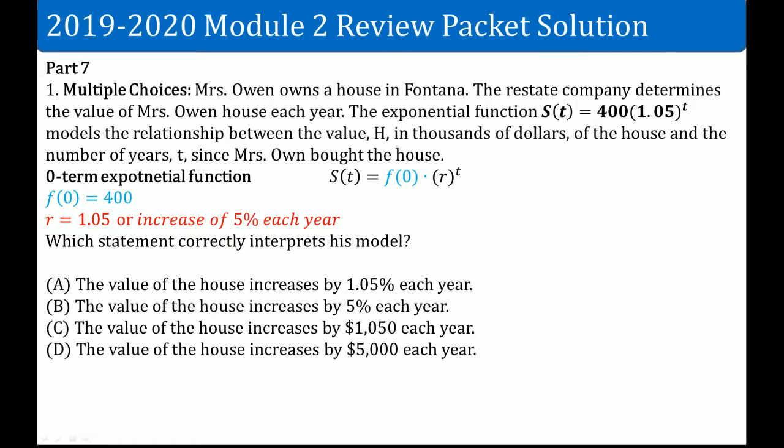Okay, so it would be B. The value of the house increased by 5% every single year because that's what we got from looking at the common ratio. Okay, it wouldn't be A. It's not increasing by 1.05% every year. No. Okay, the value of the house is increasing by 1,005. No. The value of the house is increasing by 500 every single time. No. The only one that makes sense here would be B.